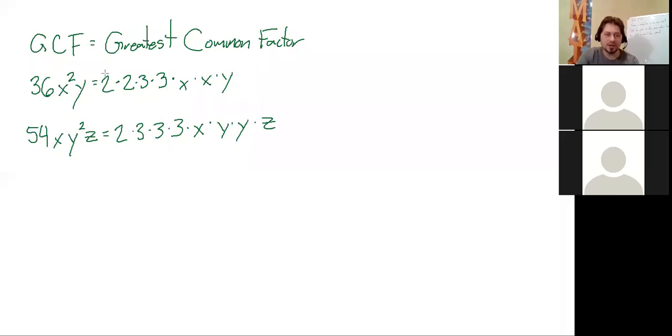All right, next step, we're going to circle the things that are shared. You have a 2 on both of them. You have 2 3s, 1 x, and 1 y.